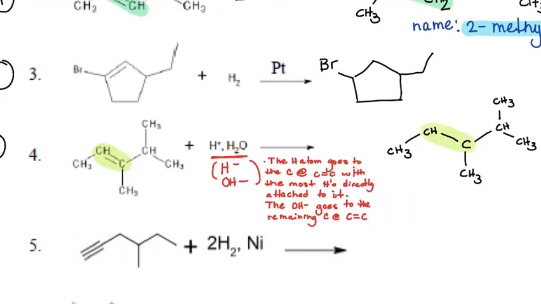If I label these carbons across that double bond as A or B, who gets the hydrogen? Carbon A or carbon B? Great. So this goes from CH to CH2. What does the carbon get? The OH.